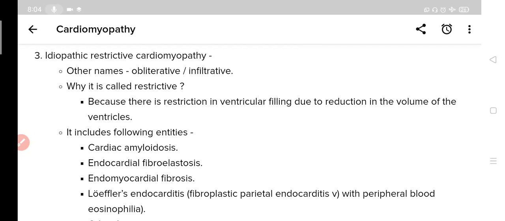Because there is restriction in ventricular filling due to reduction in the volume of ventricles. Understand this: there is reduction in volume of ventricles. So obviously if the volume of ventricles is reduced, the blood coming to the ventricle will be reduced, it will be restricted. That is why it is called restrictive cardiomyopathy.